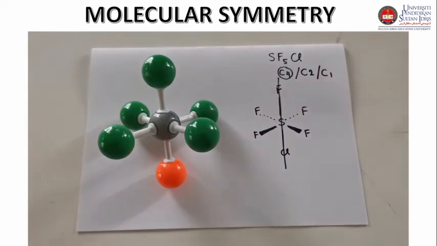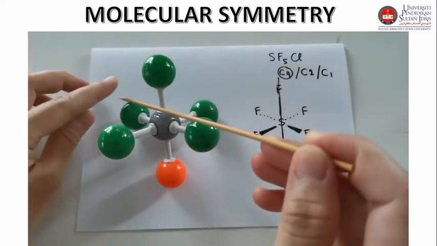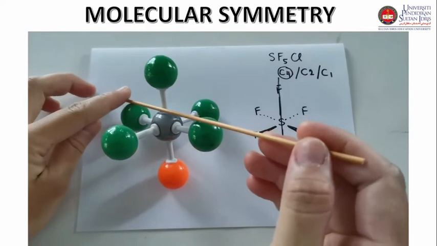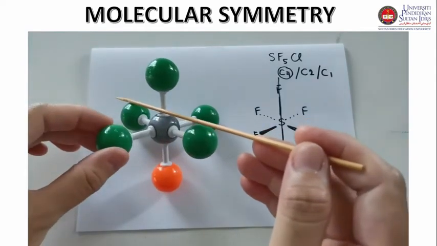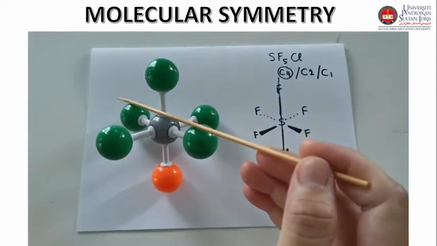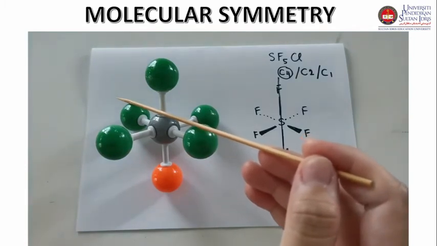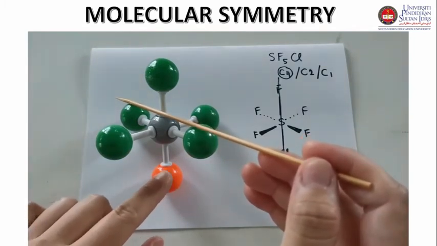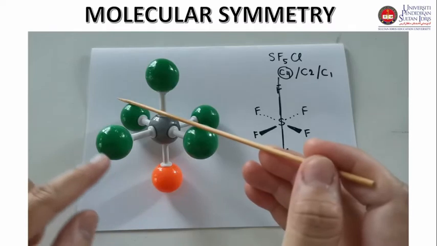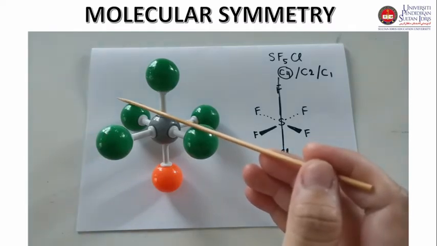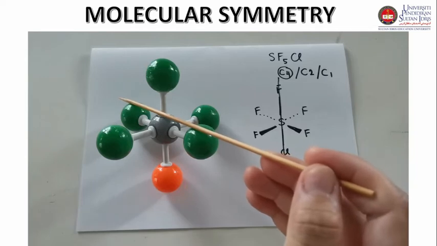The C4 axis is the principal axis because n is greater. Okay, so the principal axis is the C4 axis. Now we check whether this molecule contains this type of axis also. As you can see, if we rotate this chlorine atom here by 90 degrees, we cannot get an equivalent configuration.